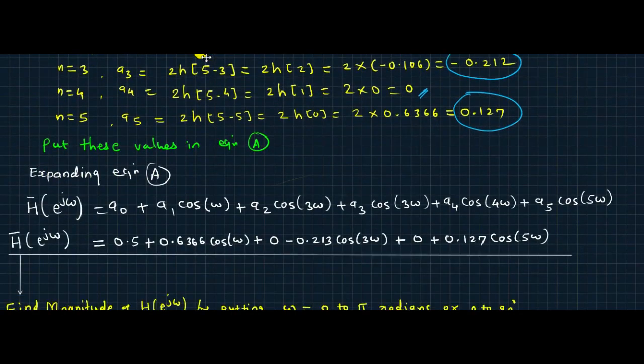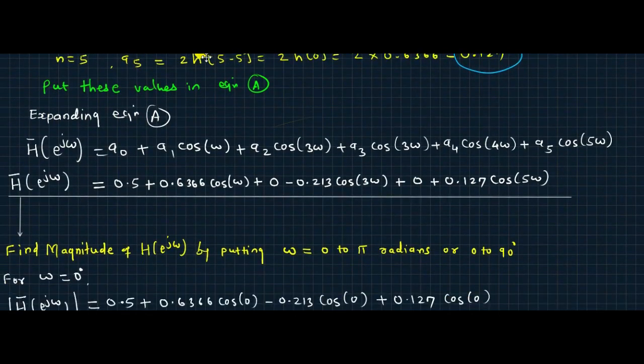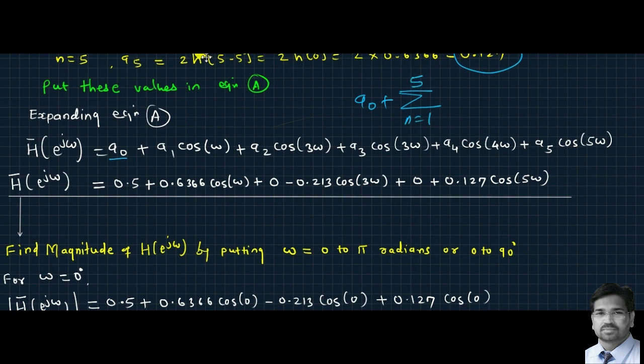Expanding this equation as a0 plus the summation over n equal to 1 to 5. This is our summation limit. An cos of n omega.